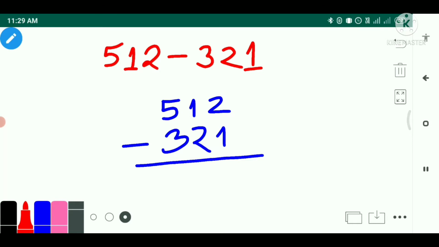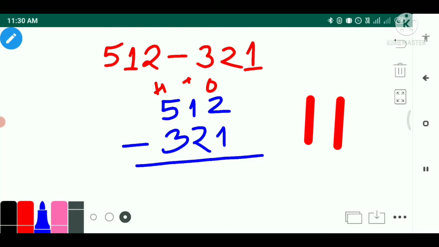So this one is ones, tens and 100, right? Now see, in ones place 2 is there, so just imagine 2 lines and now just remove one of them. How many lines will be left behind? 1, right?